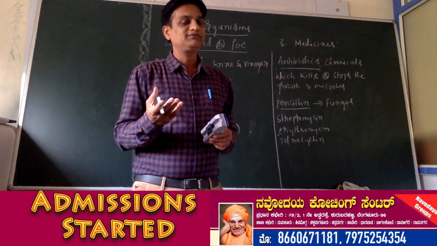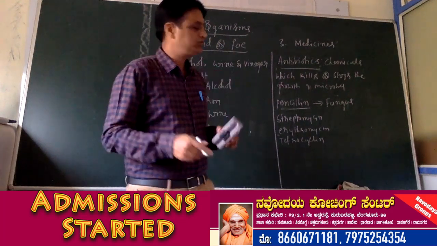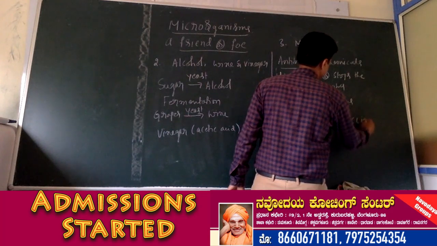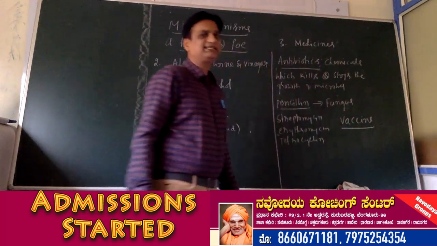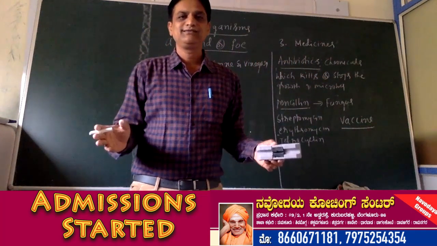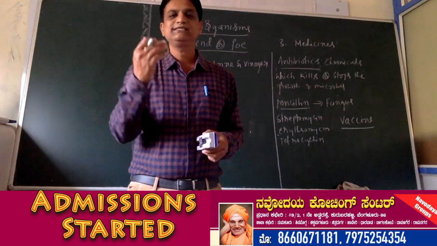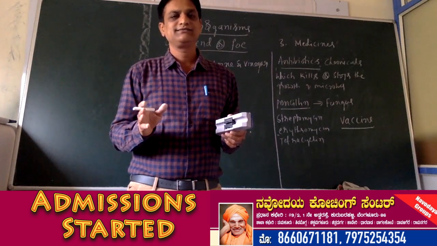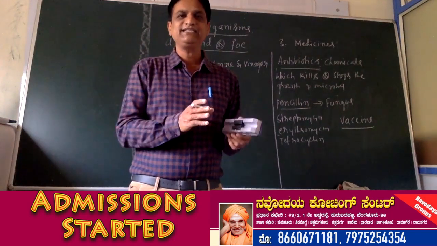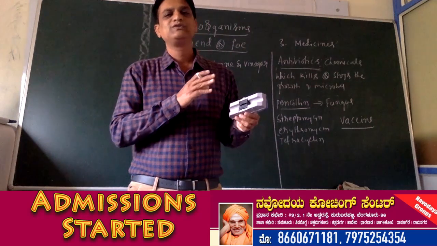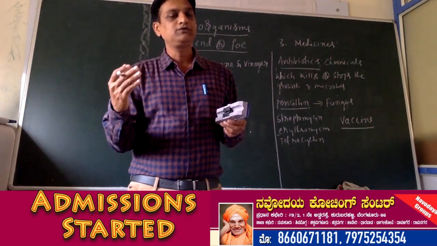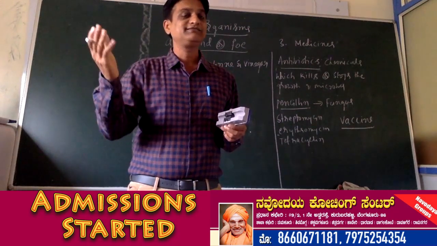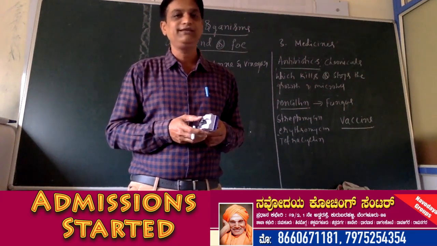See, you might have heard about vaccines. I think many of you have taken different vaccines. As soon as a child is born, from birth up to almost 5 years, different varieties of vaccines will be given.